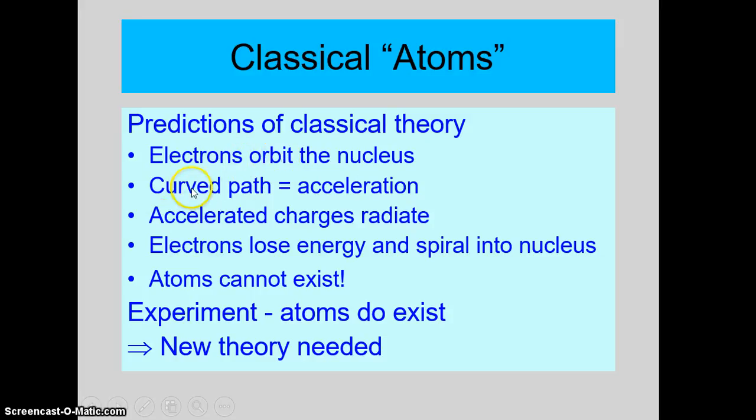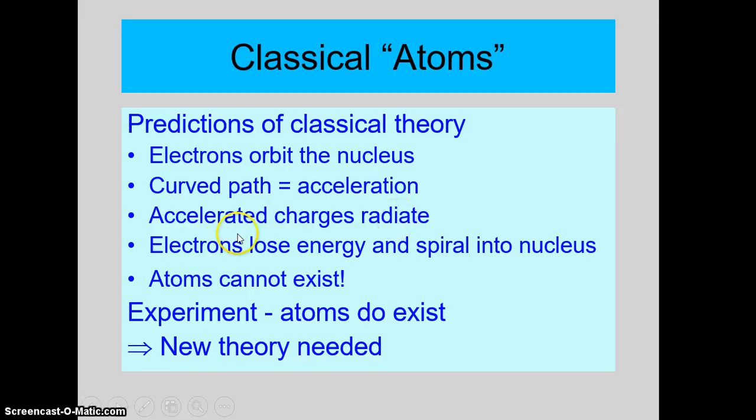Because if the electron is in a curved path, it would constantly be undergoing acceleration. And from what we know about electricity and magnetism, if you have a charge, which is exactly what an electron is, and it is accelerated, it would radiate.